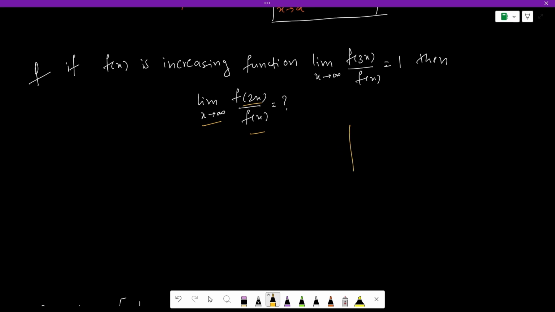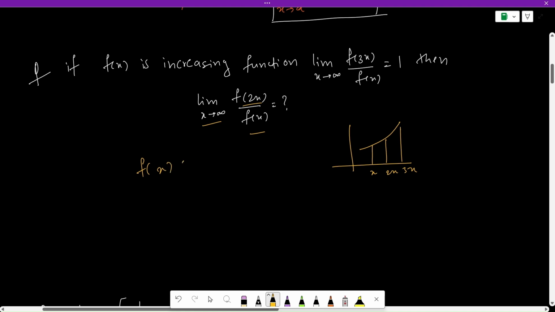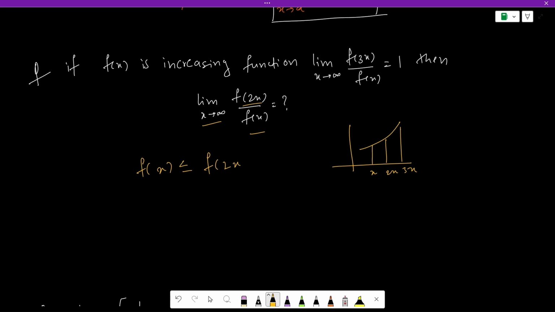So first let's draw a graph, let's say this is f and this is x, 2x and 3x. Right, now what we can see is that f(x) is less than or equal to f(2x), and this is less than or equal to f(3x). Right, now what we need is to divide it by f(x). So let's divide by f(x).